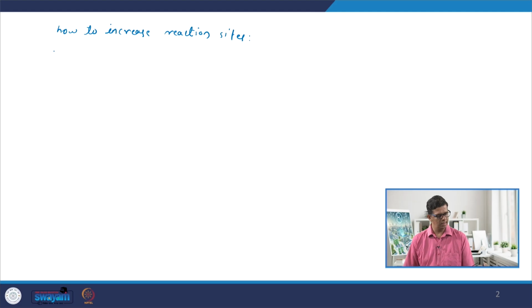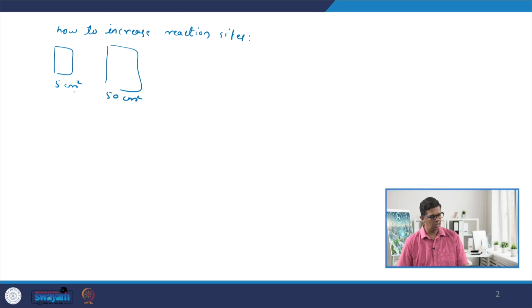First, as we discussed, we can increase the area of the electrode, from, let us say, 5 centimeter square to 50 centimeter square. Then the current generated from the smaller cell will be inferior compared to that of the larger cell, because the number of reaction sites will be increased. However, we also need to look at this from the perspective of the exchange current.